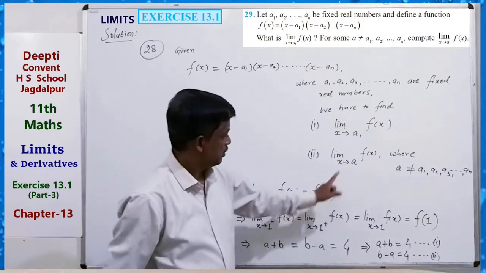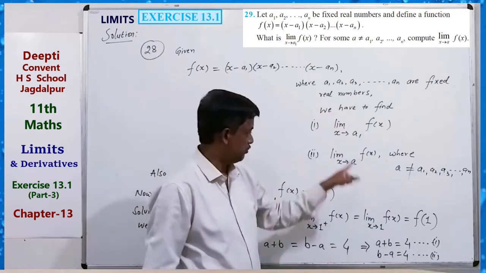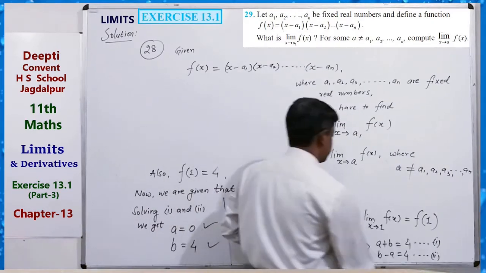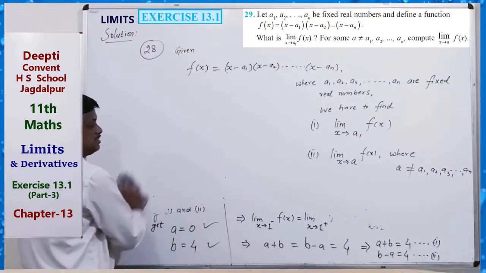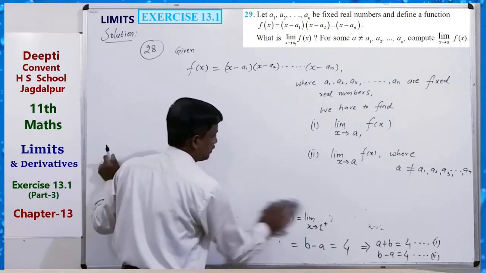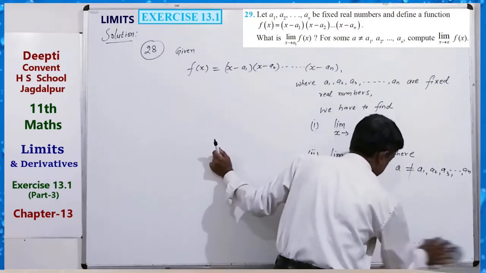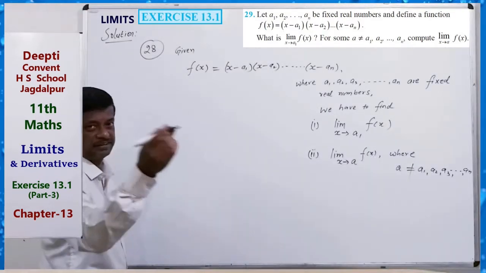Means the value of a is not equal to any of these. Then find this limit and also this limit. So very simple, because we have to find the limit x tending to a1. So limit will be 0, very clear.